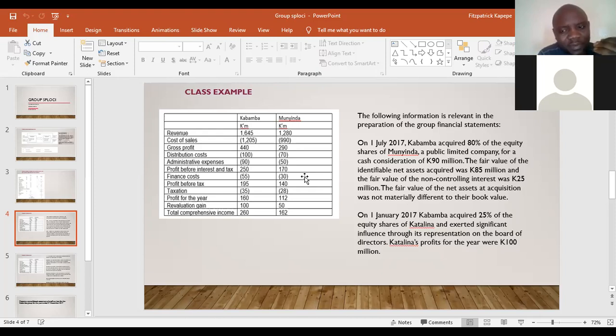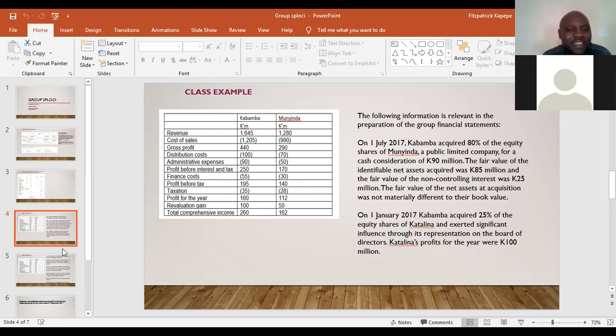It's 115. 115 minus the net assets, 85. How much do you get? 30. So how are you getting the 35? It's 30.